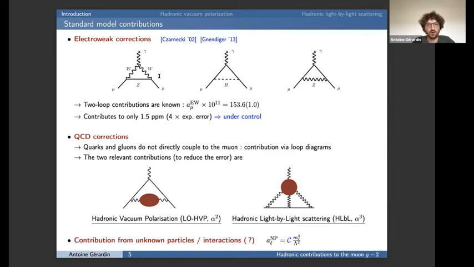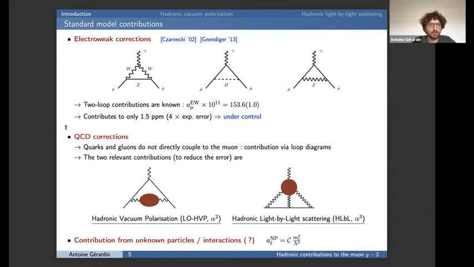Including the 2-loop contribution, we end up with this value here, with a precision better than 1%. And again, to give you an idea, this value is about 4 times the experimental error. So it is not negligible, but knowing that we have a precision better than 1%, it also means that this contribution is completely under control.